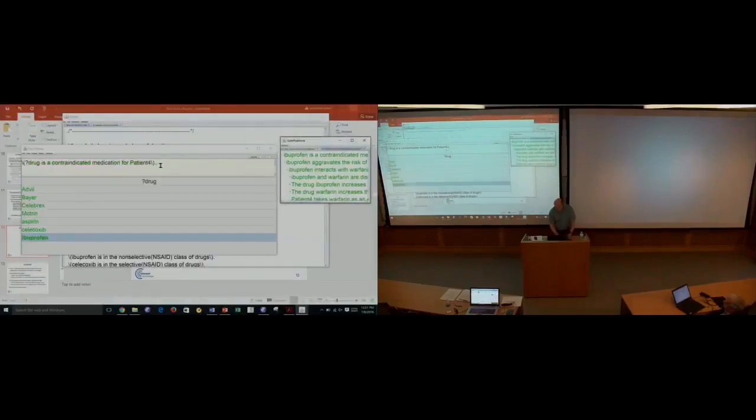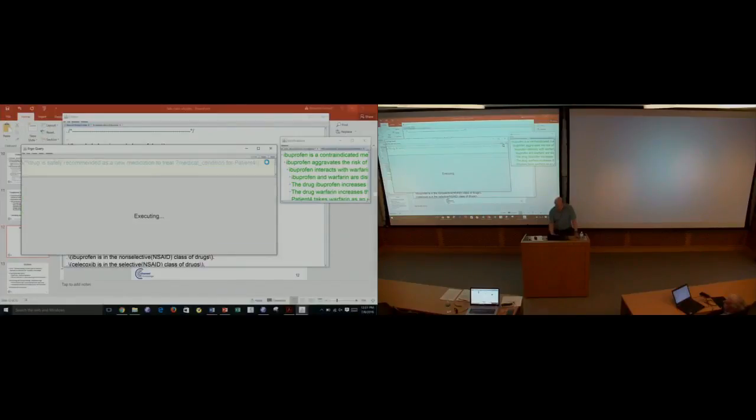So we can put all this together. We could have a higher level overall query: what drug is safely recommended as a new medication to treat which medical condition for patient 4? We can run this and get an answer that there's a bunch of meds available to treat chronic knee pain that are safe.